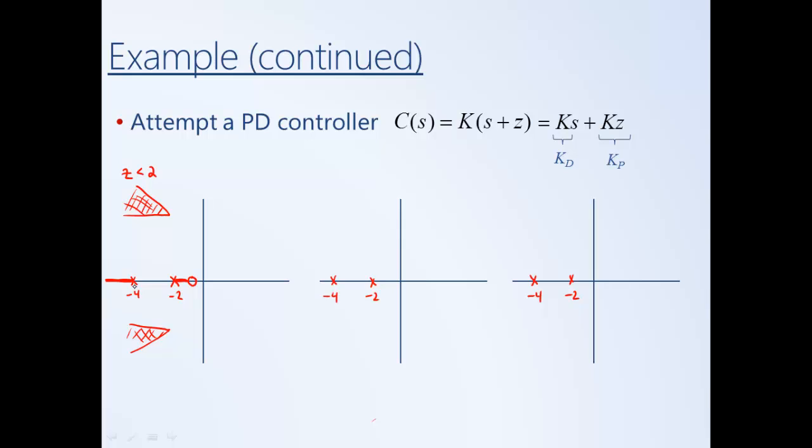We have 2 more poles than zeros, so we have 1 asymptote, 1 zero at infinity. If you recall, that asymptote will go off at minus 180 degrees. So that will be one branch of our root locus. The other branch starts at an open loop pole and goes to the open loop 0.